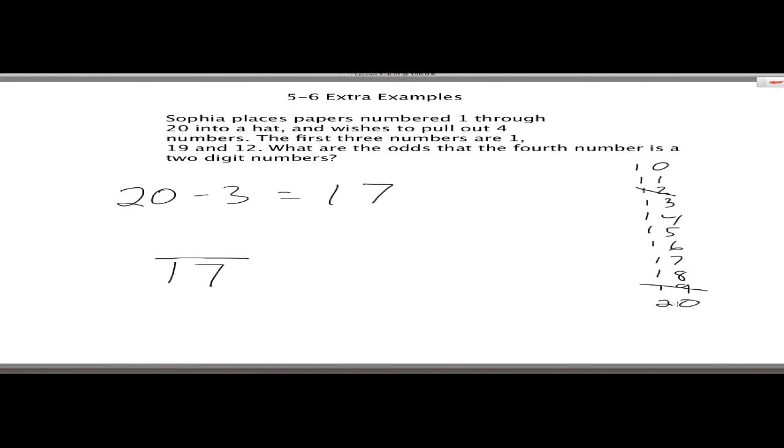That's going to be 9, because from 10 to 20 is 11 steps. We took 2 from 11 is 9. And our answer for this one is there are 9 out of 17 is our odds that the 4th number will be a 2-digit number.